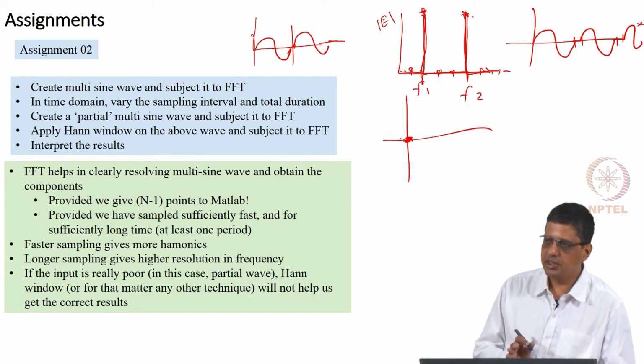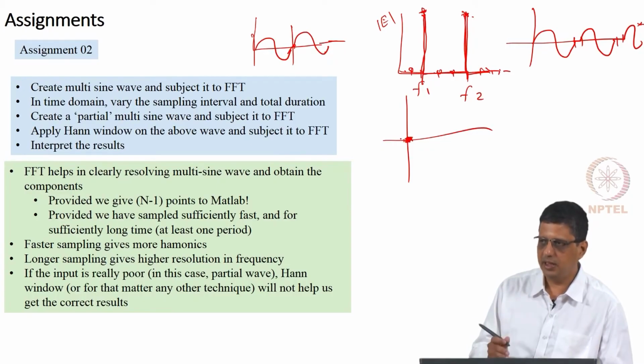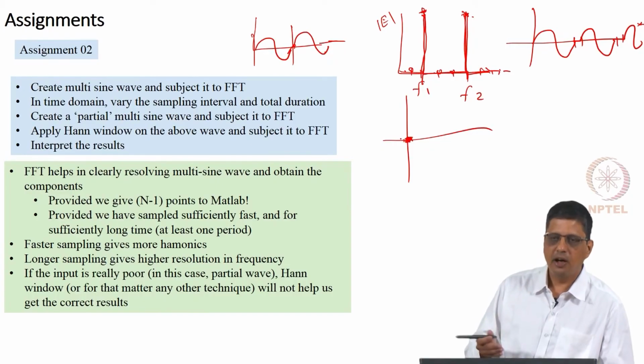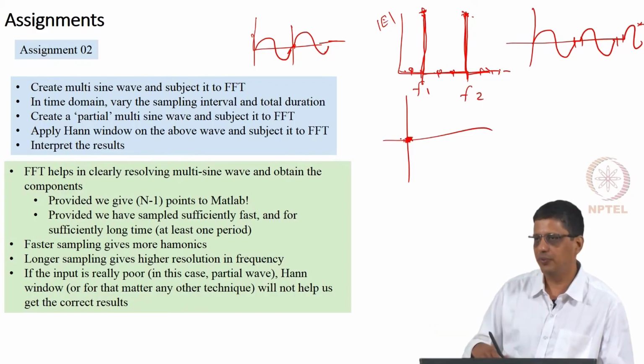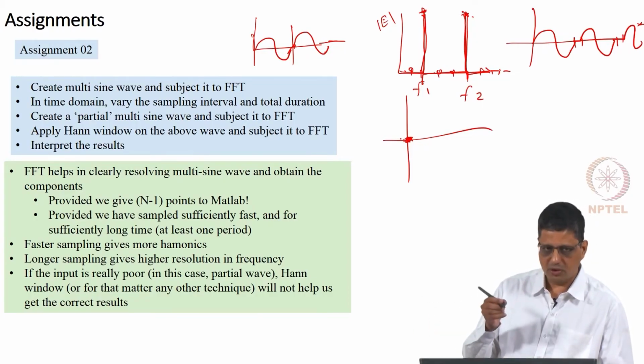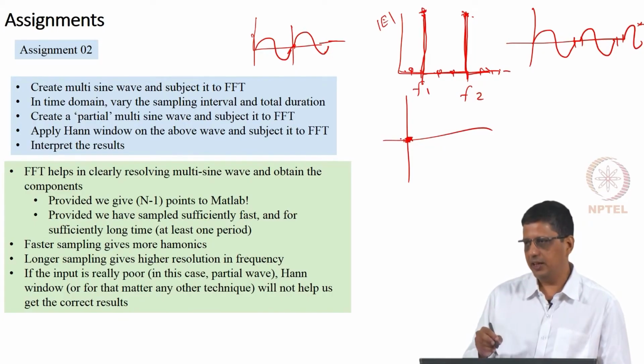Ideally, what you should do is, whenever the magnitude is very low compared to the signal, whatever phase you are getting there, artificially set it to 0 or force it to 0. Only for the frequencies where it is significant, for those frequencies, whatever value it is giving, you plot.